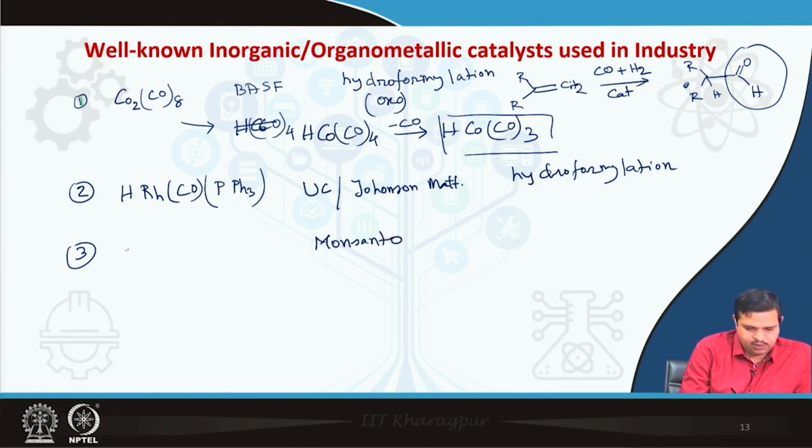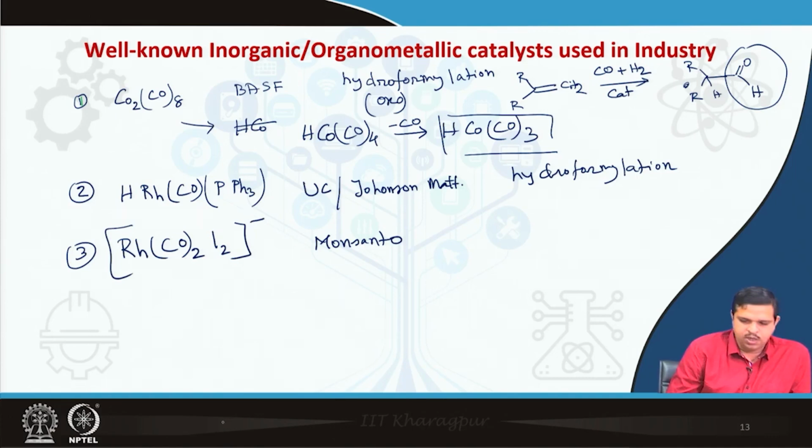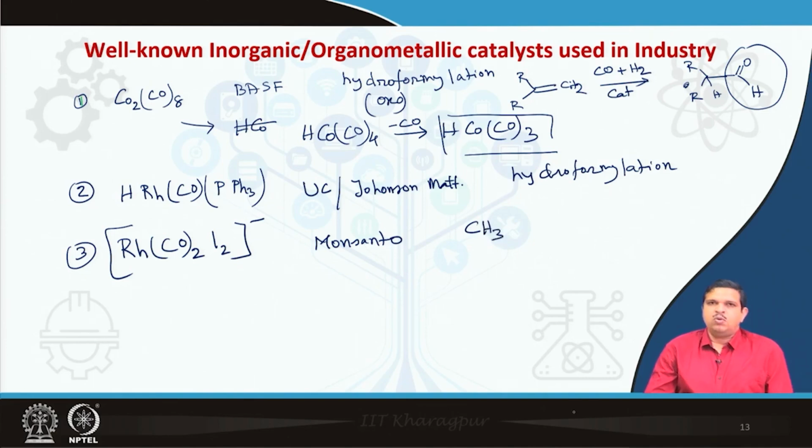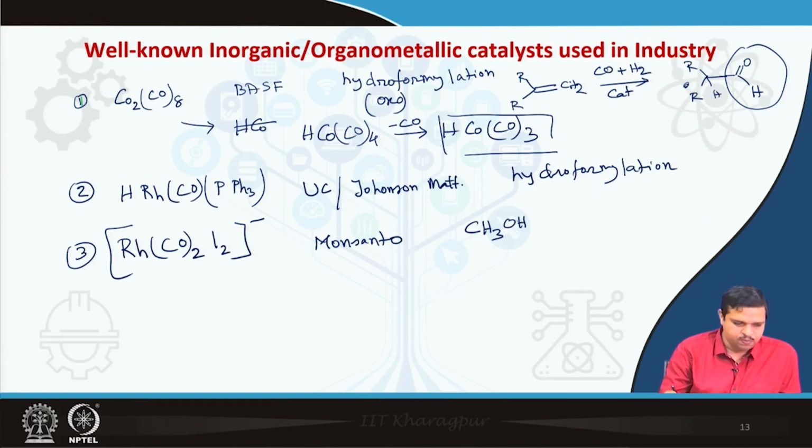The catalyst is basically a rhodium iodo-carbonyl complex. This is routinely used to make one of the key organic molecules, which is used as a precursor to make different value added compounds.